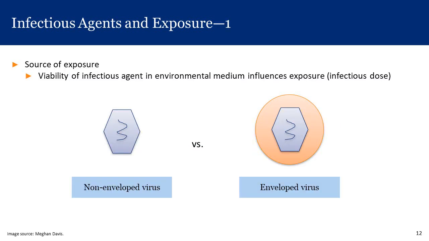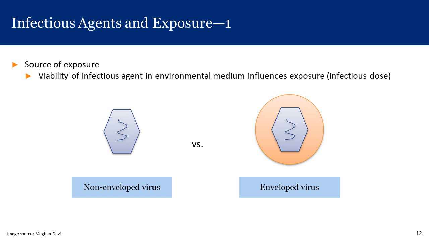Another thing that's important to consider with infectious agents that may be different from chemical or physical agents is that with the source of exposure, a chemical or physical agent will have its fate and transport. It will potentially be transformed within environmental media, and that can do things that might influence the hazard from that agent. With infectious agents, we think more about viability. And so here I have an example of a non-enveloped versus an enveloped virus.